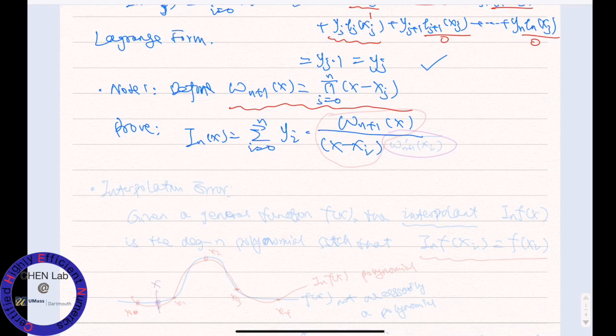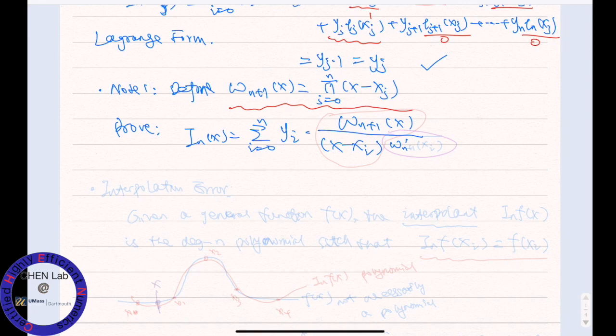And as a constant, it turns out to be omega n plus 1 prime of xi. You take the derivative of that function and evaluate at xi, and you're going to get what we had above, the denominator. That's one simple application of the product rule.